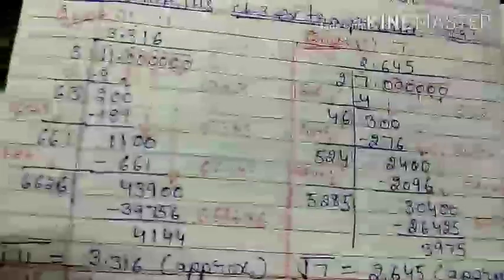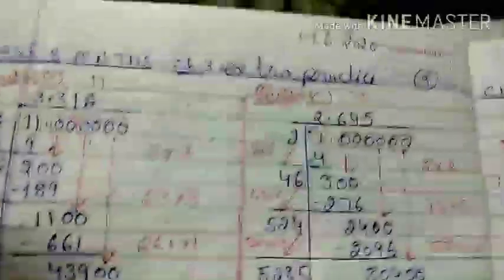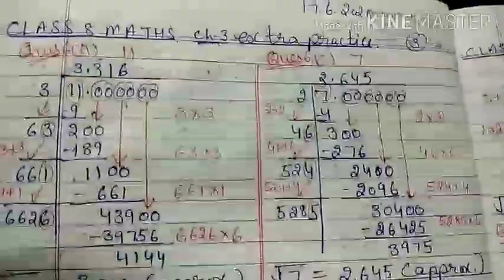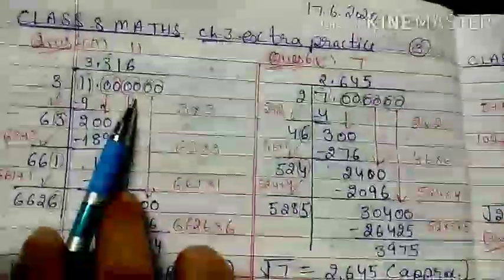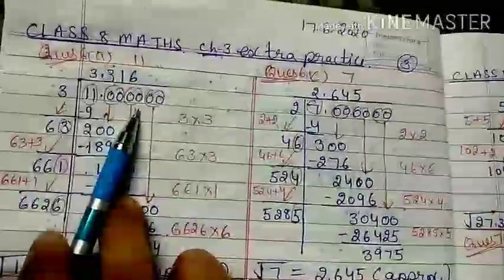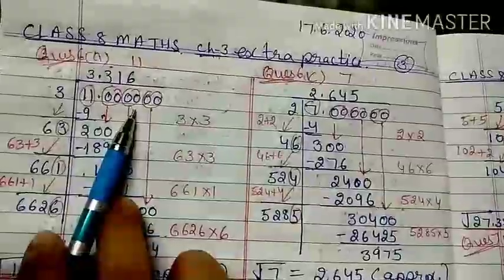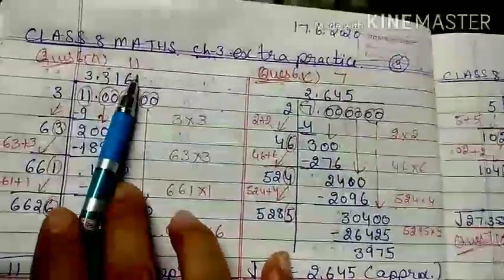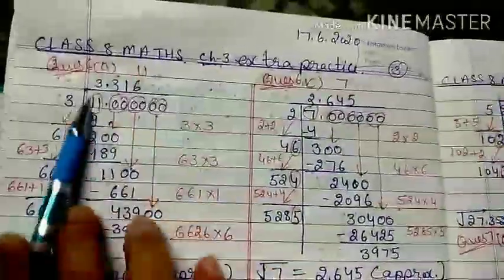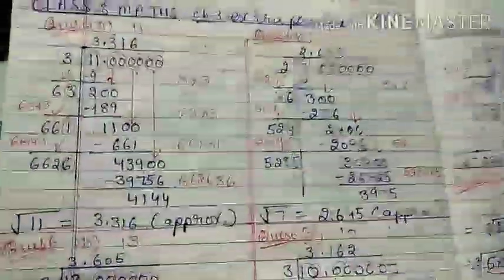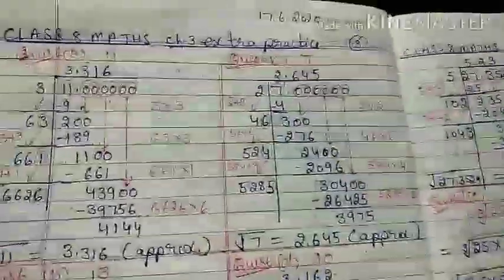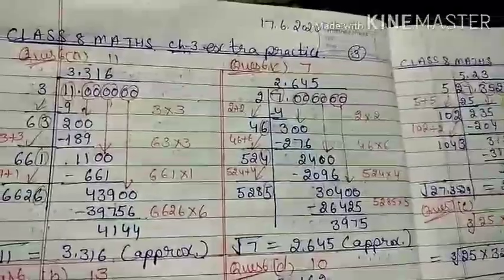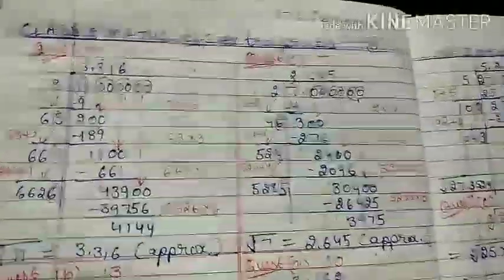Next, your sixth question is that you have to find the square root of some irrational numbers. Here, 11. When you find the square root of 11, we know that 11 is not a perfect square, so you go with the long division method of square root.